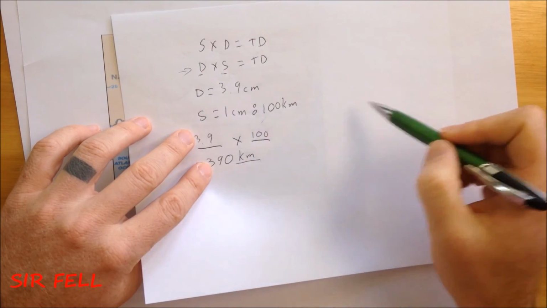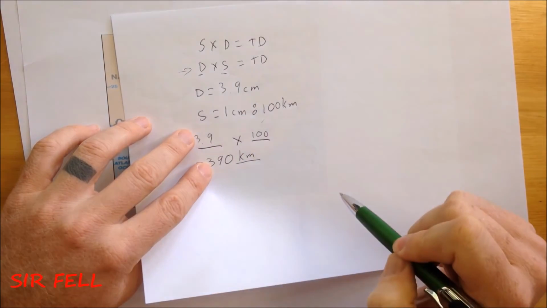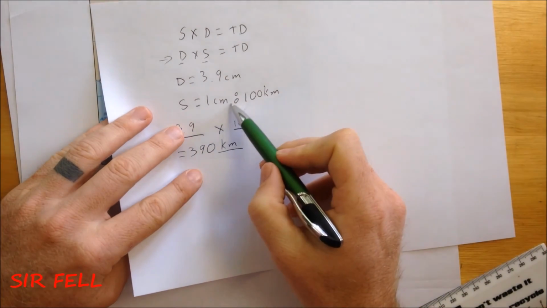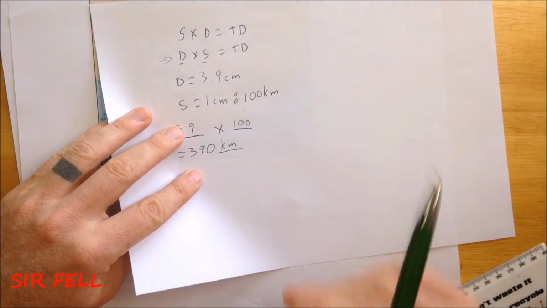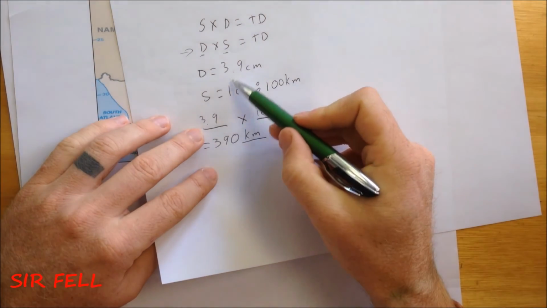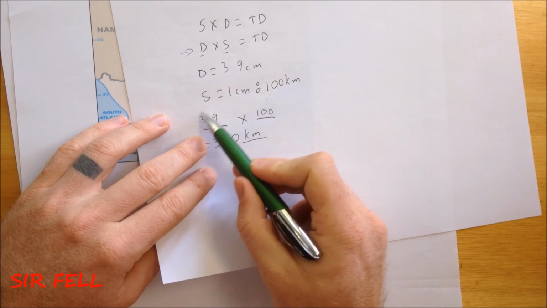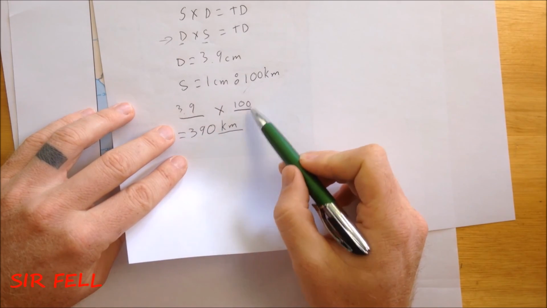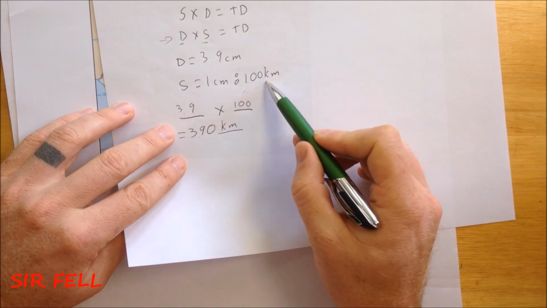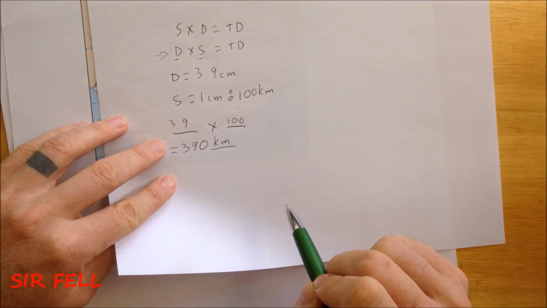If the scale is given in words, convert that to a ratio, nice and simply. If it's given as a line scale, work out what 1 centimeter is equal to by measuring it on the line scale with your ruler. Substitute your two values in, that's my distance times my scale, and you'll get an answer. Whatever your answer is in, remember to use the same unit as your scale. Hope this helps.